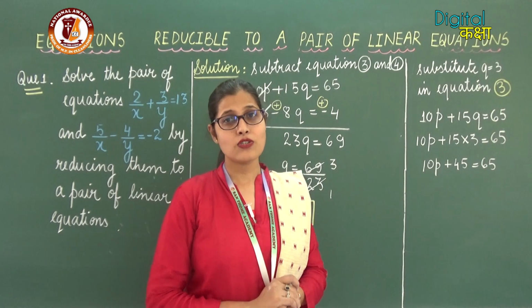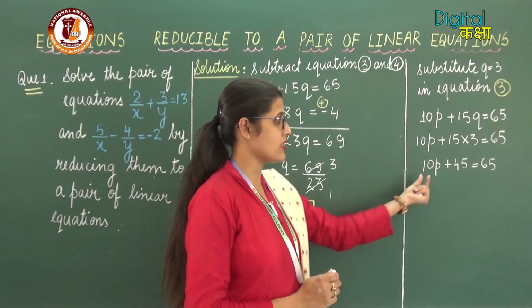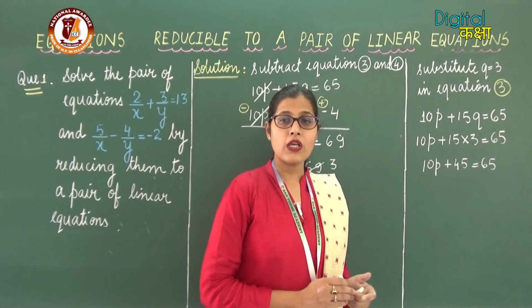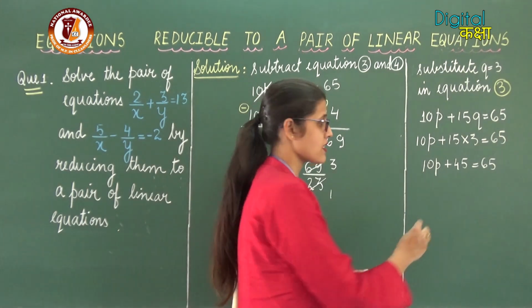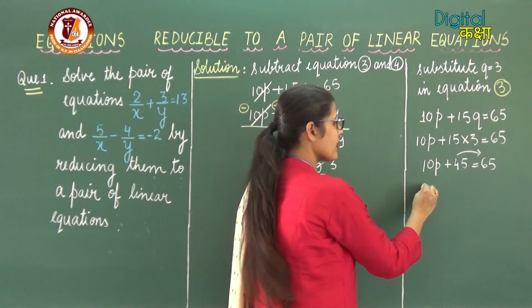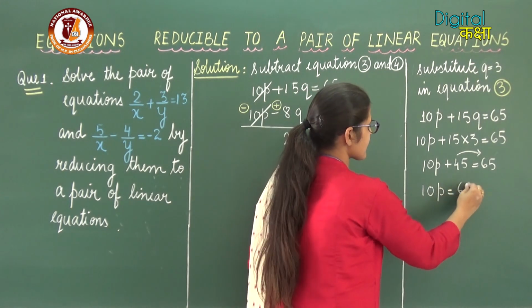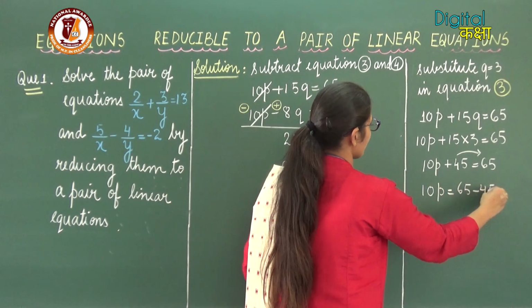Since I need to find the value of the unknown variable, which is p, I will be shifting the constant to the right hand side. It will be written as 10p equals 65 minus 45.